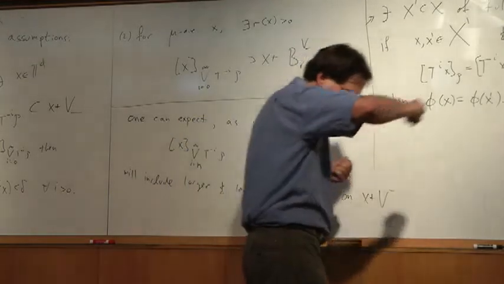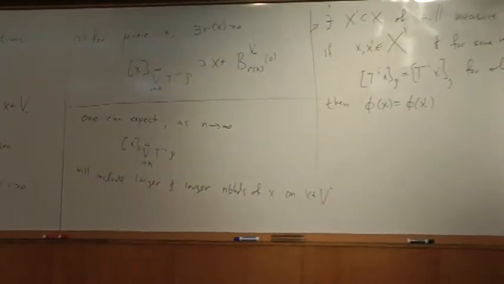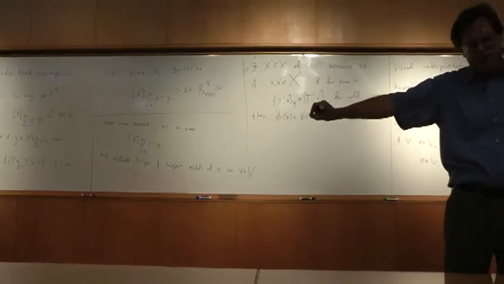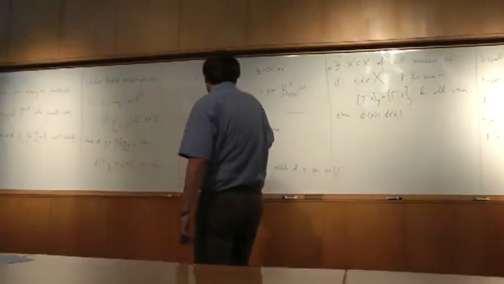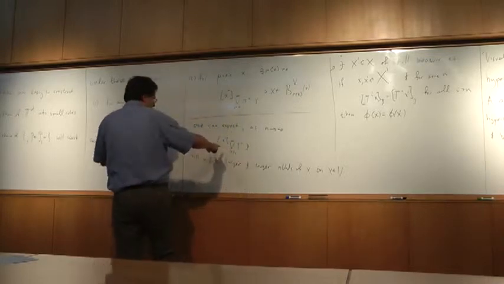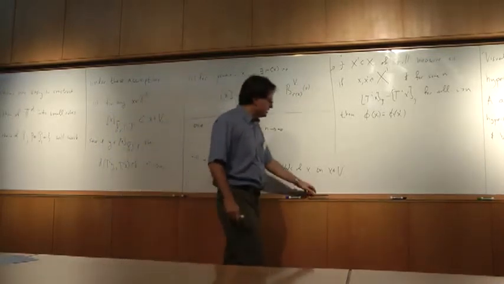Inside this, if you wish to think of it, the stable manifold through x, all these points whose trajectory is asymptotically the same as x, this would include bigger and bigger chunks of it.